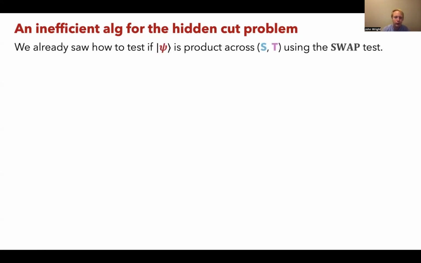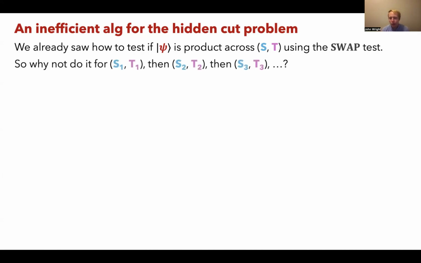Okay, so let me tell you actually an inefficient algorithm for not just the decision version of the hidden cut problem, but the search version. When you not only want to decide whether there's a hidden cut, but you actually want to find it. So we already saw earlier how to test if psi is a product state across a given cut S and T by using the swap test.